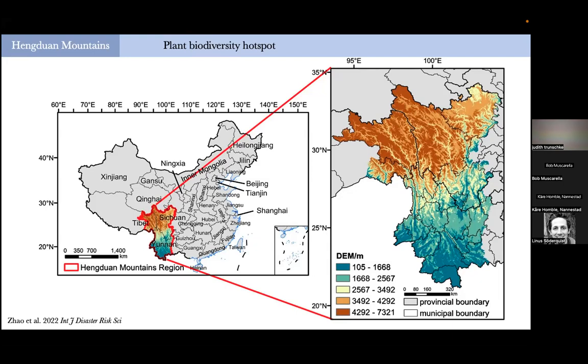It spans approximately 900 kilometers in length, and in width, depending on the definition, about 400 kilometers. The area size is about 800,000 square kilometers. So it's quite a large region.